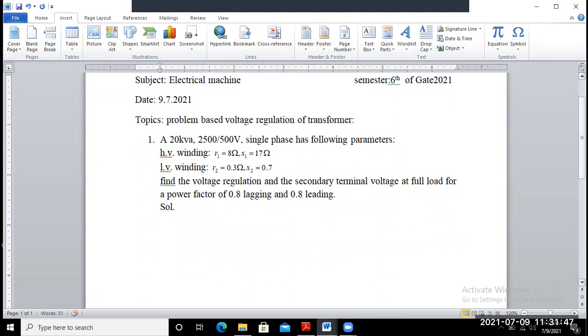Equivalent circuit referred to the LV or secondary winding.